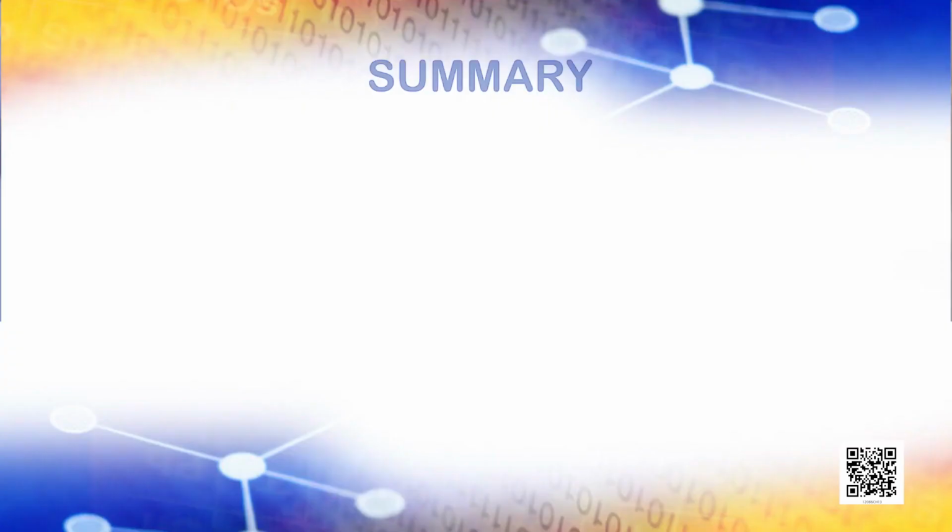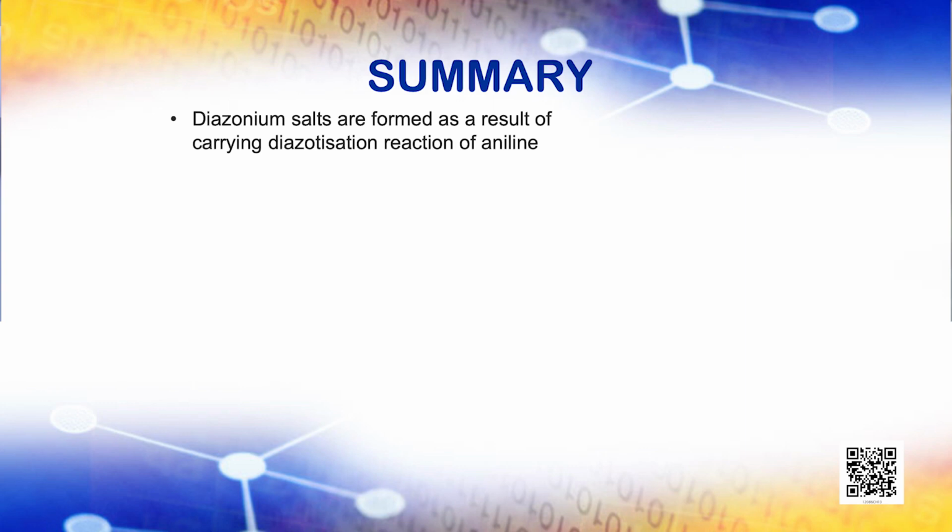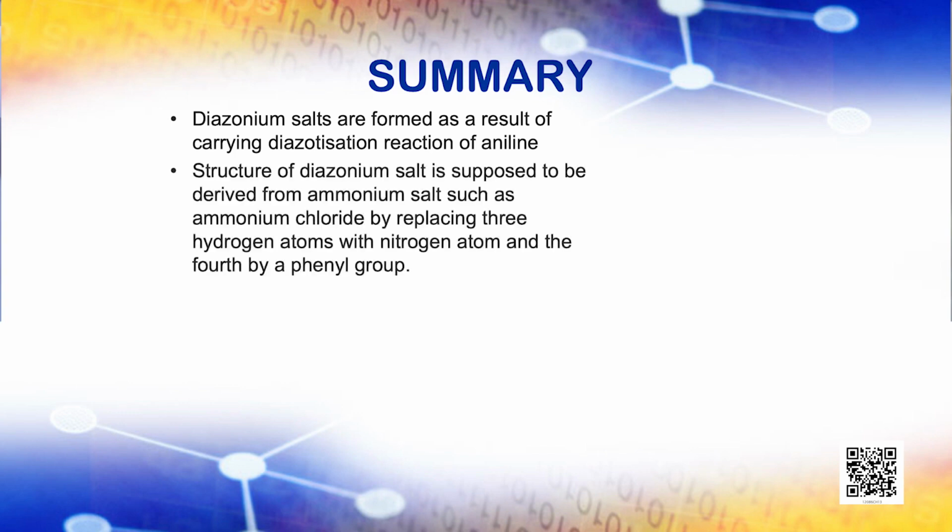To summarize this discussion, let us recall the points discussed. Diazonium salts are formed as a result of carrying out the diazotization reaction of aniline. Structure of diazonium salt is supposed to be derived from ammonium salt, such as ammonium chloride, by replacing 3 hydrogen atoms with nitrogen atom, and the fourth by a phenyl group.